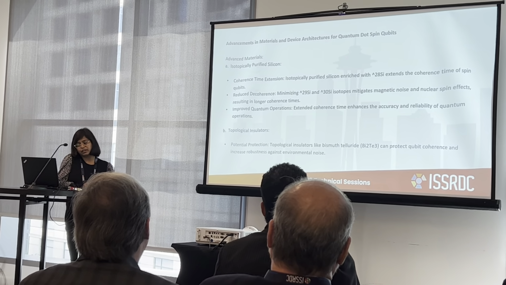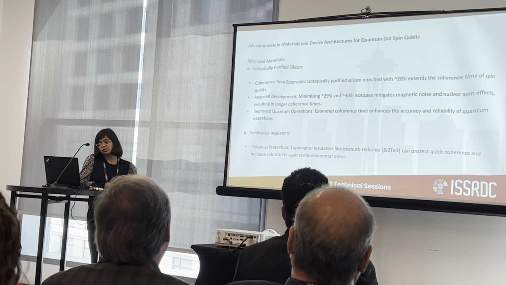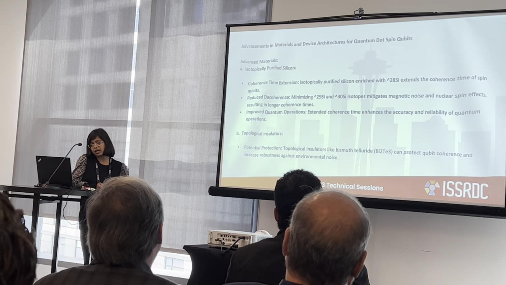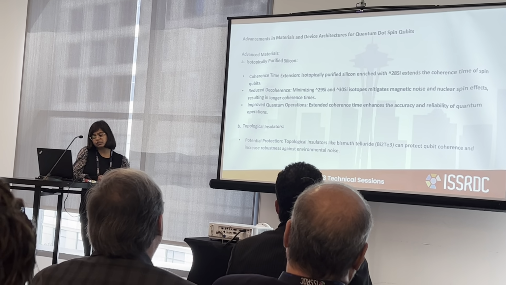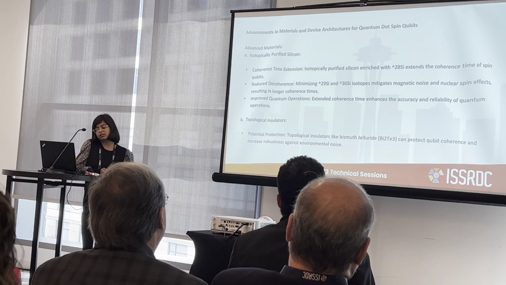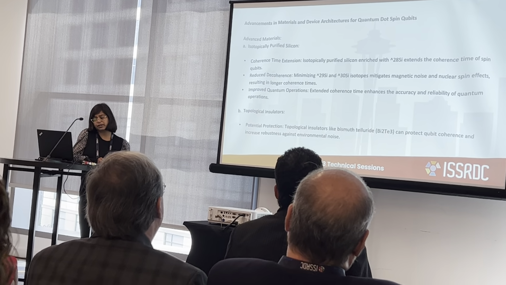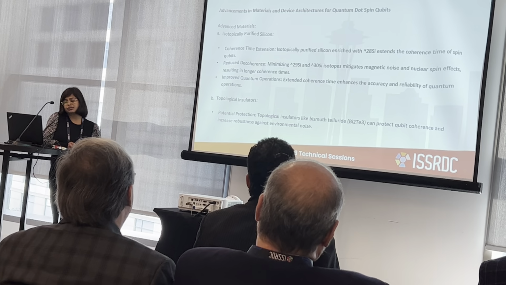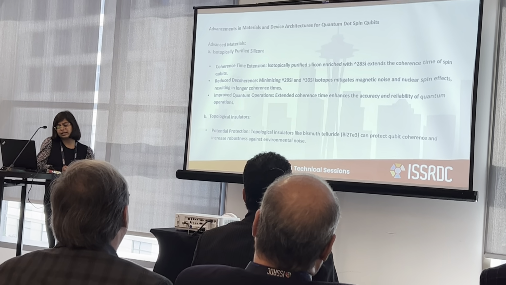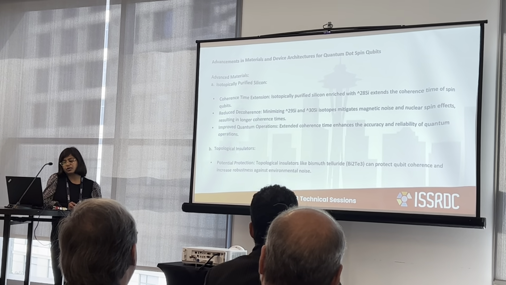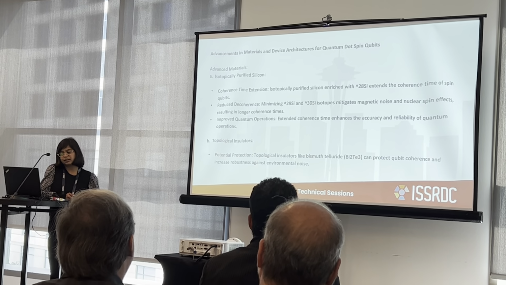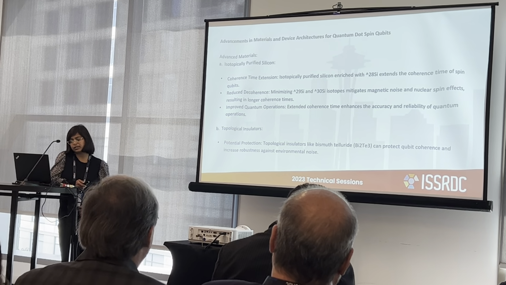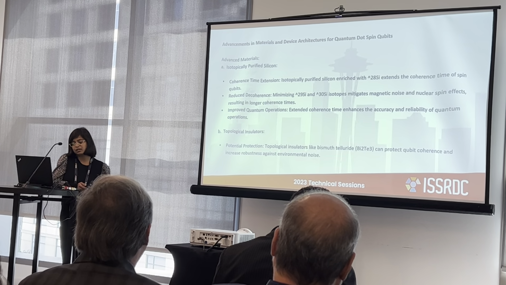Isotopically purified silicon is enriched with silicon-28, which extends the coherence time of spin qubits. Reduced decoherence, minimizing silicon-29 and silicon-30 isotopes, mitigates magnetic noise and nuclear spin effects, resulting in longer coherence times and improved quantum operations. Extended coherence time enhances the accuracy and reliability of quantum operations.